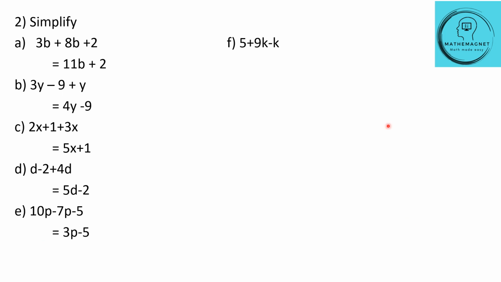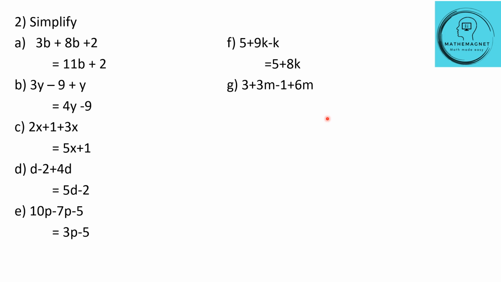Question F. 5 plus 9K minus K. Here the variable terms are plus 9K and minus K, which will be equal to 8K. So it will be 5 plus 8K. G is 3 plus 3M minus 1 plus 6M.